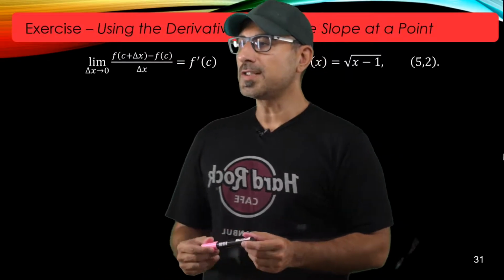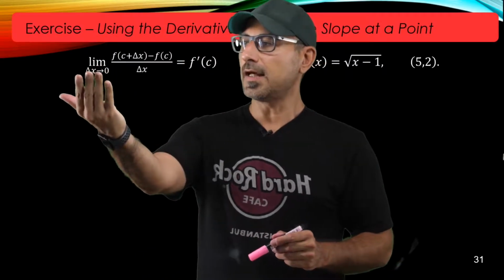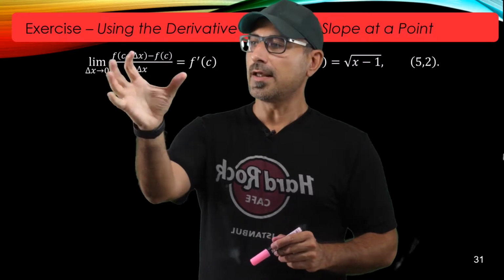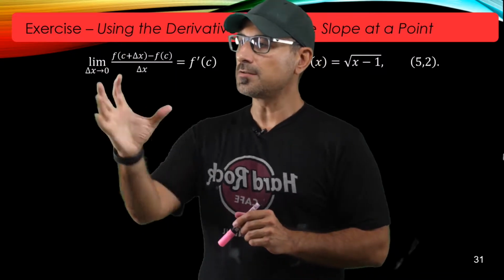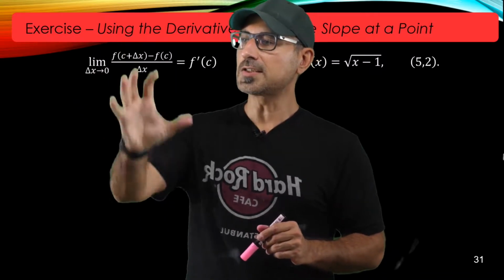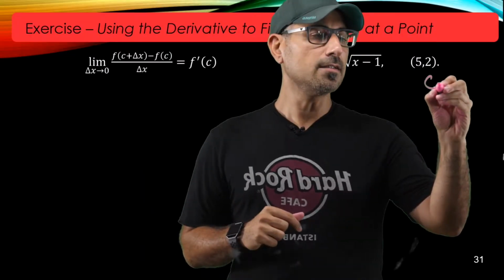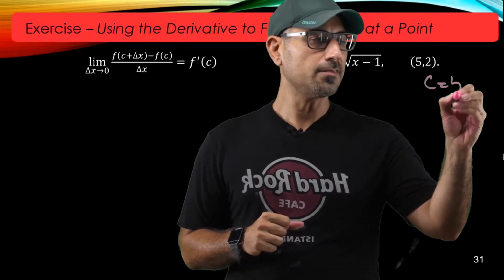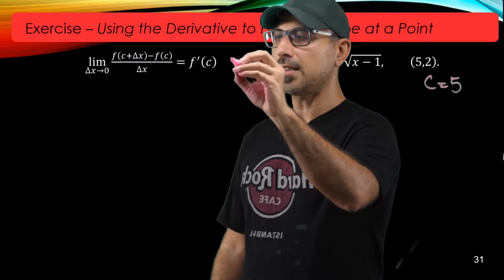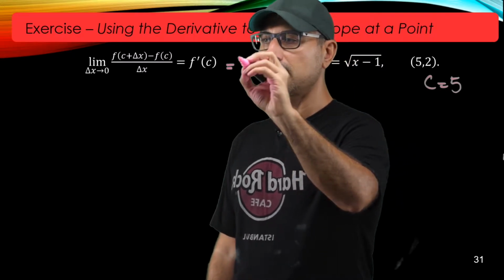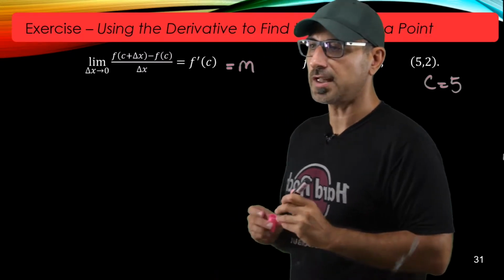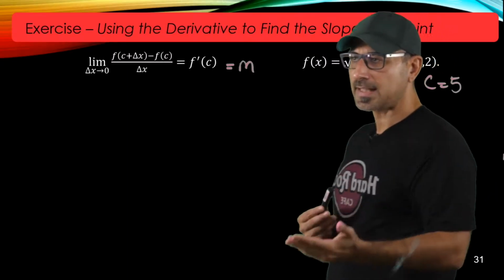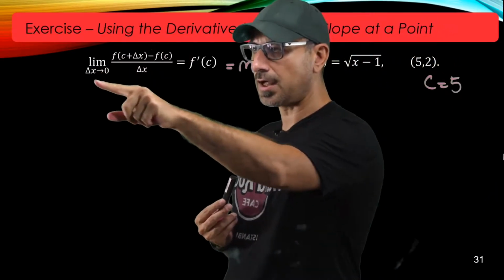And essentially for this problem, we're going to evaluate this limit, and whatever the value of that limit is, that's going to be the slope of the line. c in this problem is going to be 5, and this expression is going to be equal to the slope of the tangent line. So our next task is to simplify this rational expression.